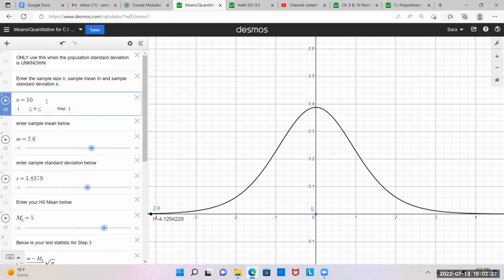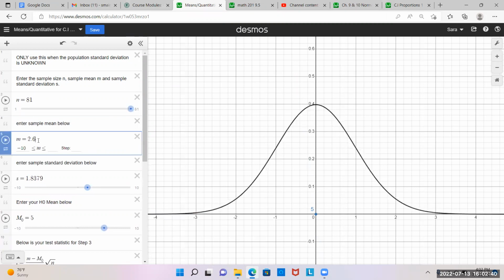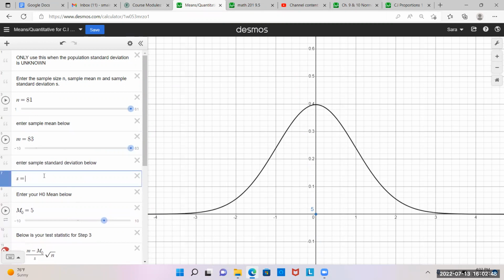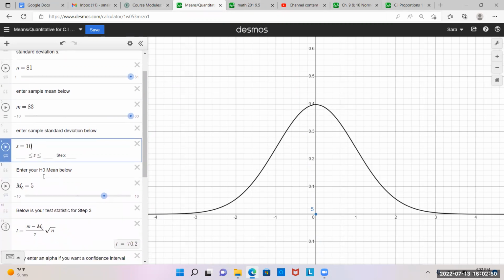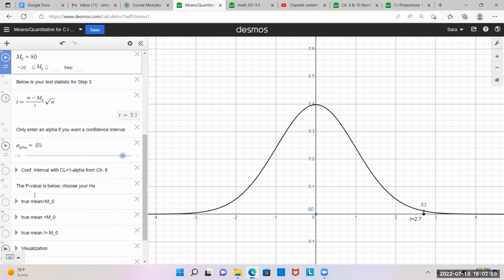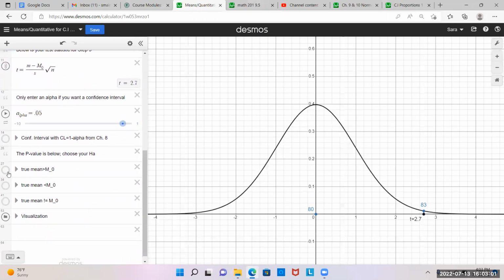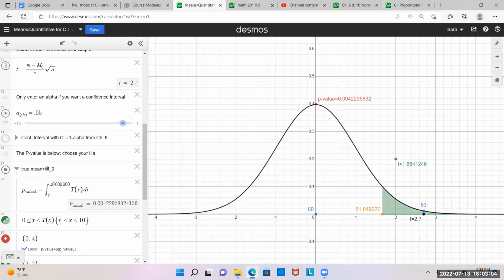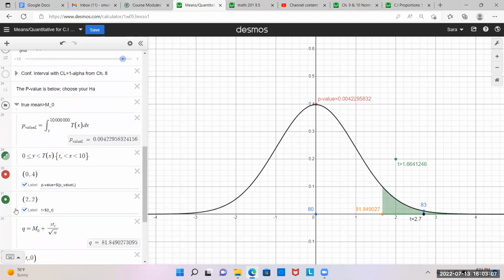So our sample size was 81. The mean was 83. S is 10. And what we think is true about the population is 80. We're going to go to a greater than, which is what we're testing. I'm going to turn on the picture, and there it is. A greater than, and my p-value is 0.00423 when I round it.